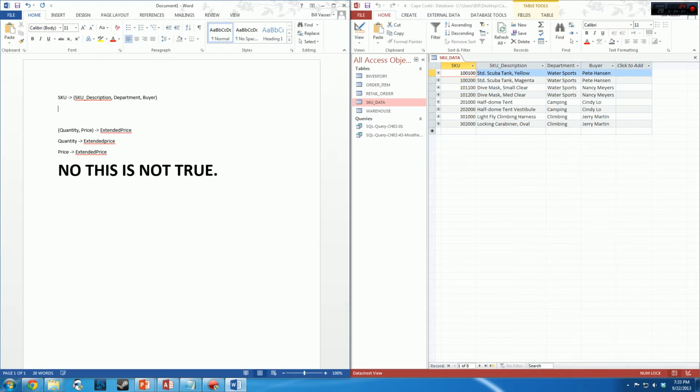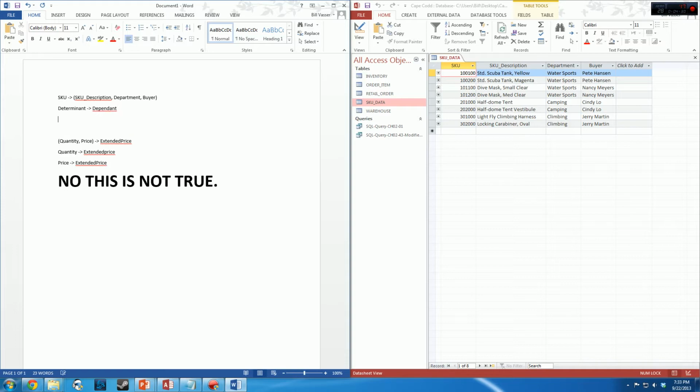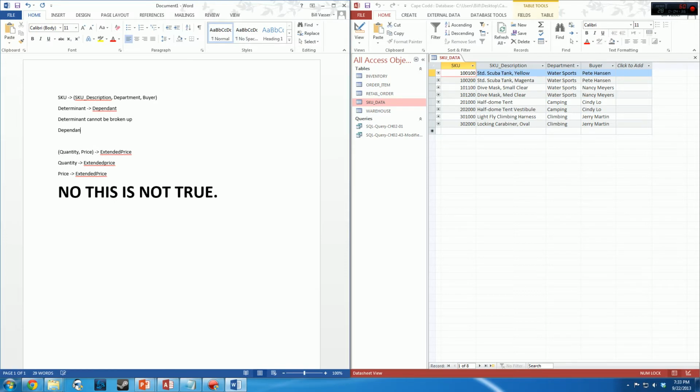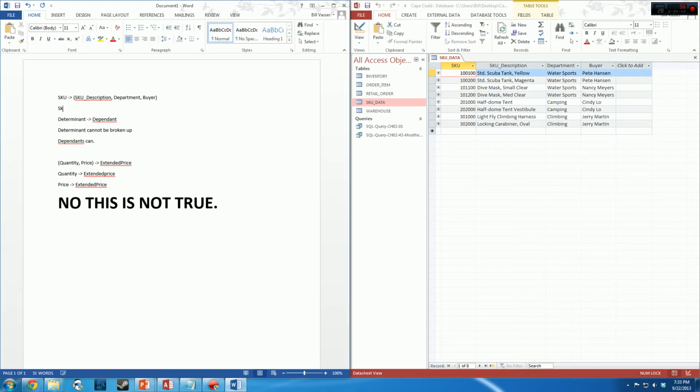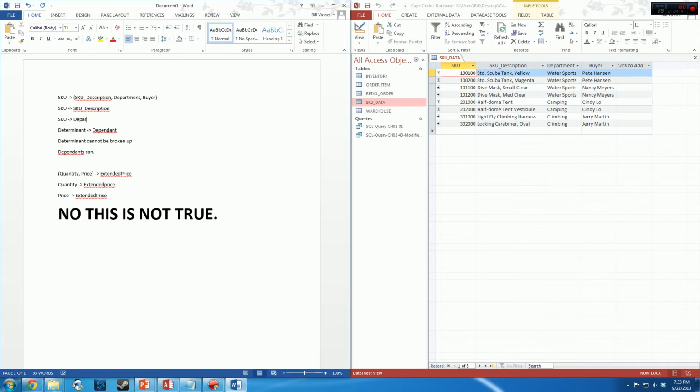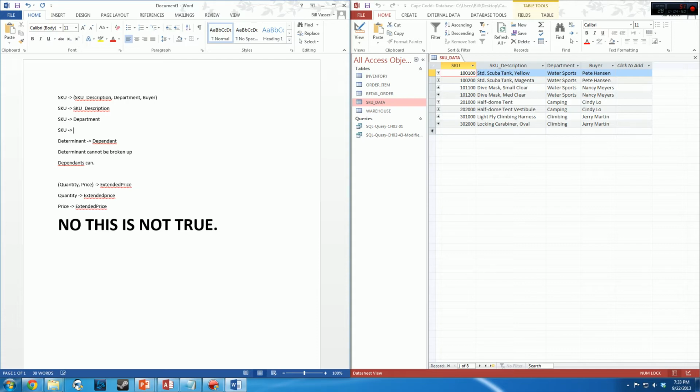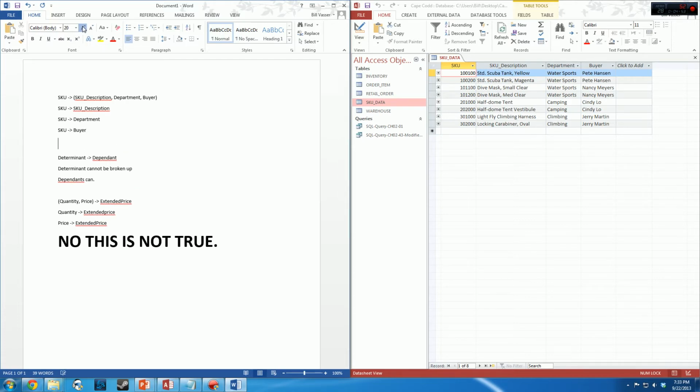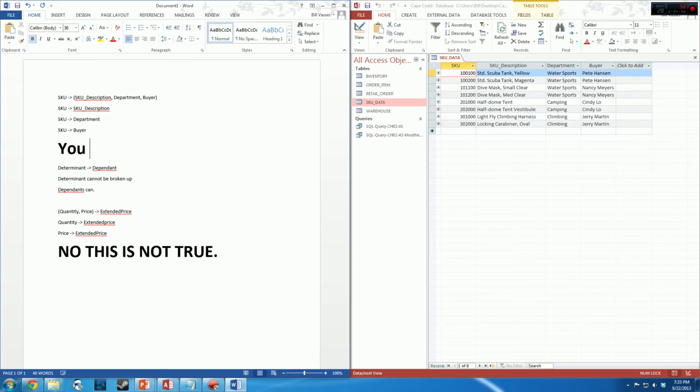And we call that the determinant and the dependent. So to follow the example, kind of wish I hadn't deleted that earlier now. This is true, this is not.